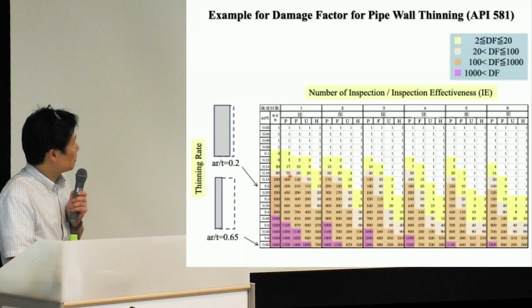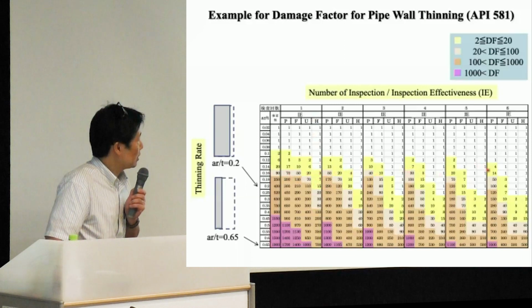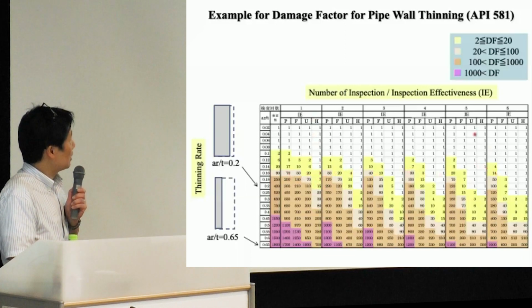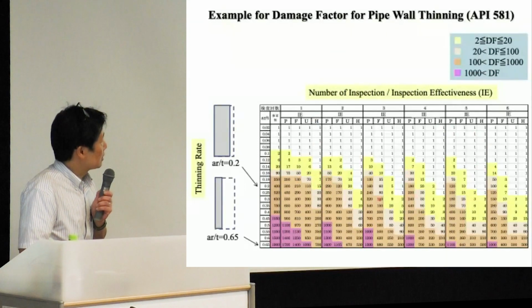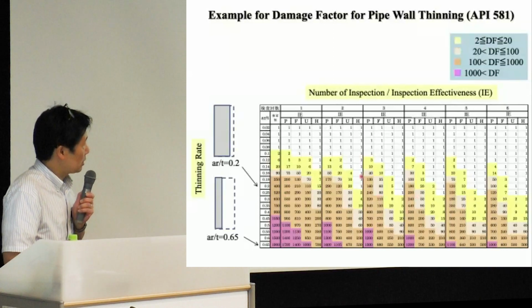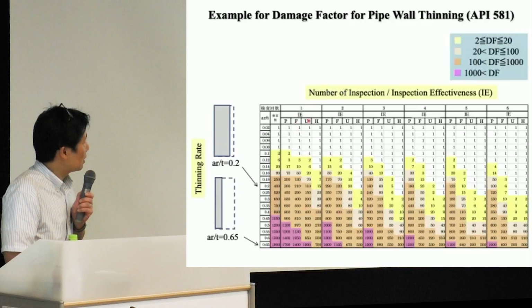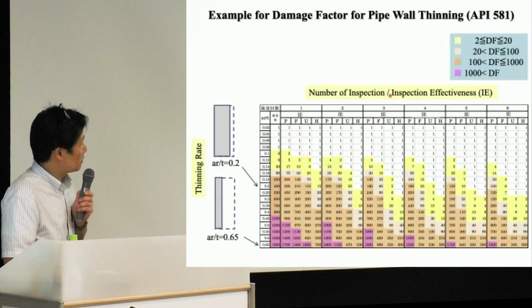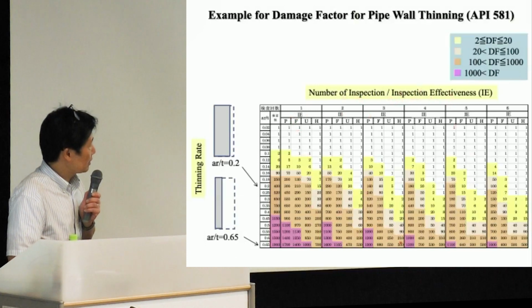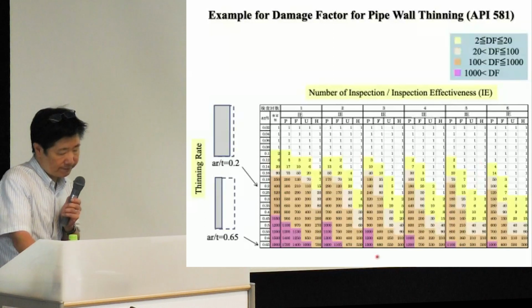But even in the case of a poor inspection technique, if you repeat inspection, you can get a very good damage factor. So in that way, engineers or maintenance workers in the plant can determine the number of inspections and the type of inspection based on this table in order to get a sufficient damage factor.